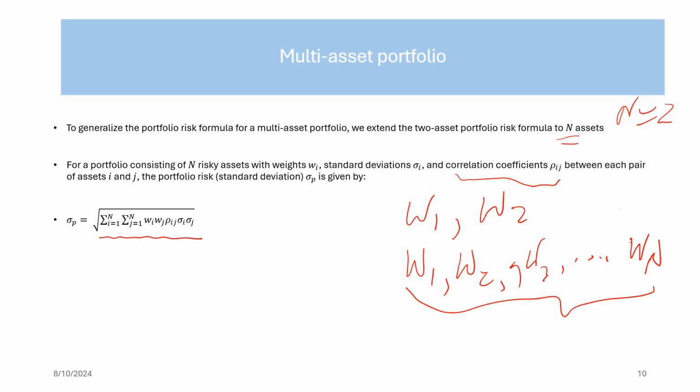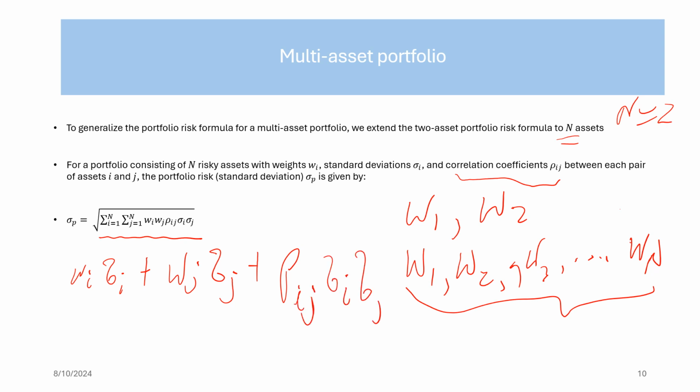Remember, the very fact that we have a summation sign there means, as you can see, we add all the wi's and sigma i's. Thereafter, we add wj's and sigma j's. It could be many of them. But later on, we may add the covariance term, which is ij, coupled with the sigma i, sigma j.